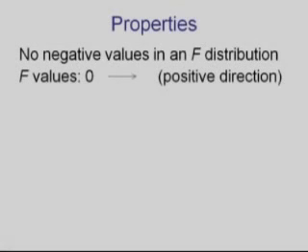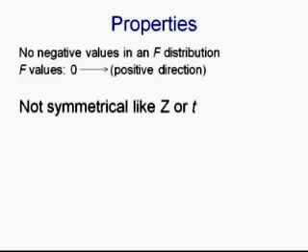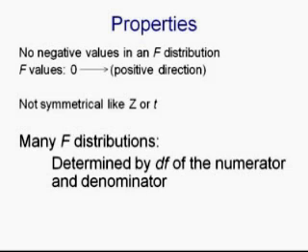Let's take a moment to review some properties of the F distribution. There are no negative values in an F distribution, so the scale of possible F values extends from 0 to the right in a positive direction. An F distribution is not symmetrical like the Z or T distribution. There are many F distributions, and each one is determined by the number of degrees of freedom of the numerator and the denominator.